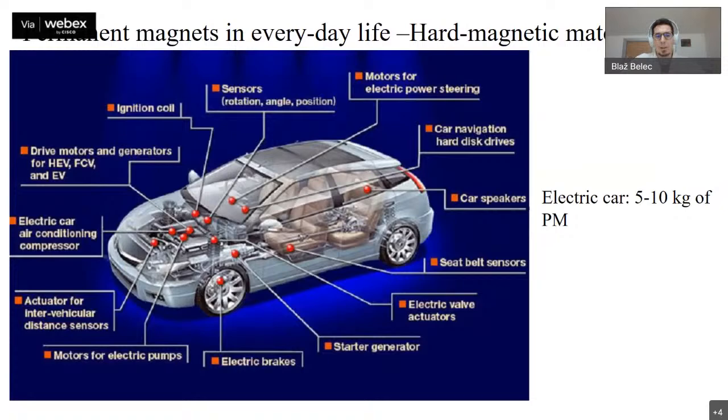Modern cars even have magnetic fluid brakes, because when we apply the brake, we somehow activate, as I said, the magnetic field.